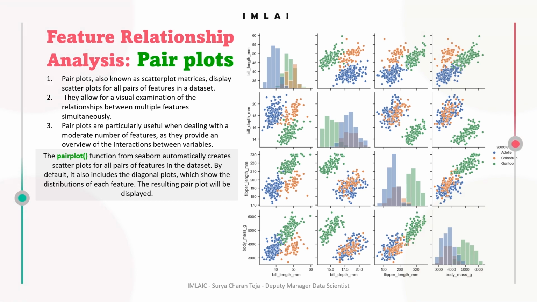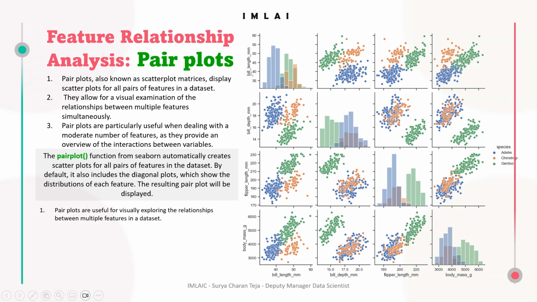For example, if we look at the scatter plot between bill_length_mm and bill_depth_mm, we can observe how the data points are distributed and whether there is a correlation between these two features or not.